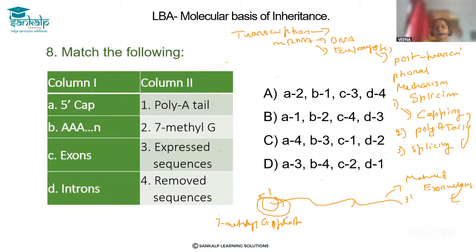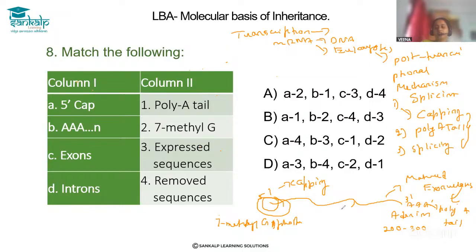That process is called capping. The cap is added to the 5 prime end, and to the 3 prime end, 200 to 300 adenine residues are added like this. So that becomes the poly A tail.